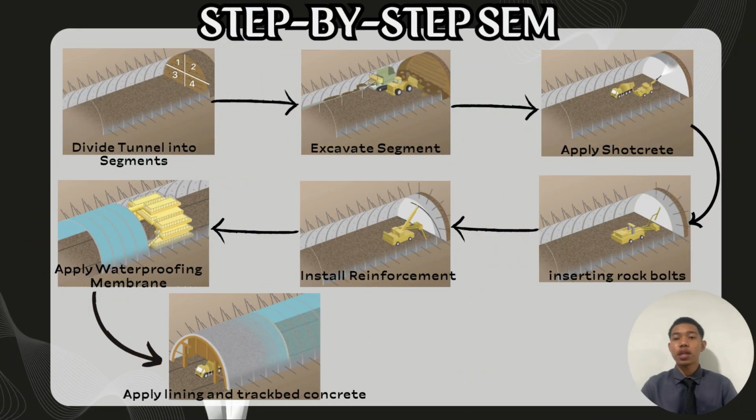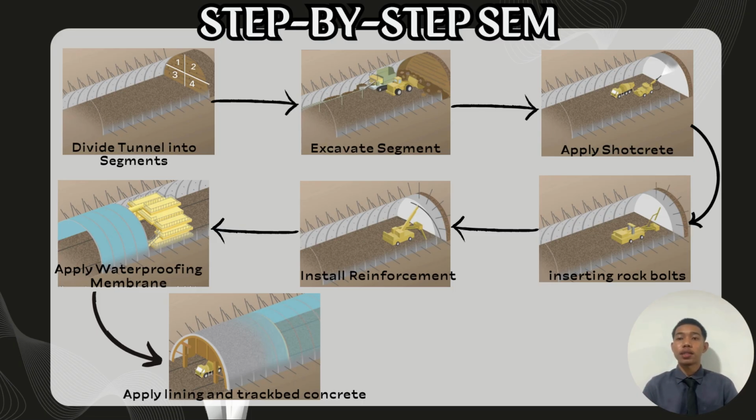Now let's look at the step-by-step process involved in SEM. First, the tunnel is divided into segments to control the excavation. Then, each segment is excavated carefully using machines like a roadheader or even blasting, depending on the soil and rock condition. After excavation, shotcrete, which is high-pressure sprayed concrete, is applied to stabilize the exposed area.